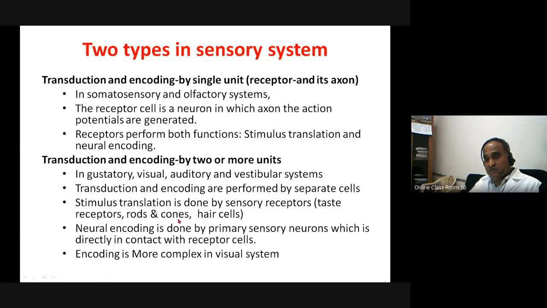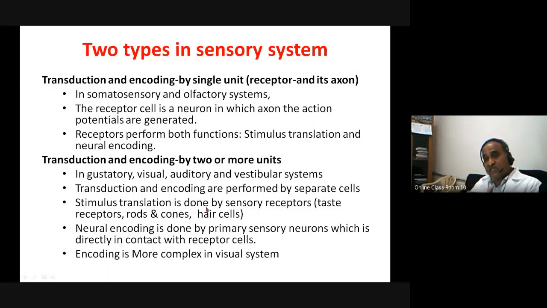Then rods and cones detect the light. The hair cells in the cochlea or the vestibular system detect the stimulus. And the encoding is done down the line in the subsequent neuronal stages. This encoding is more complex especially in the visual system, because even in the retina there is one synapse between the rods and cones and the bipolar cells, and from the bipolar cells to the ganglion cell another synapse.